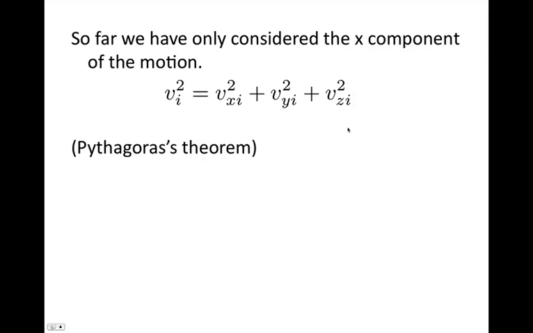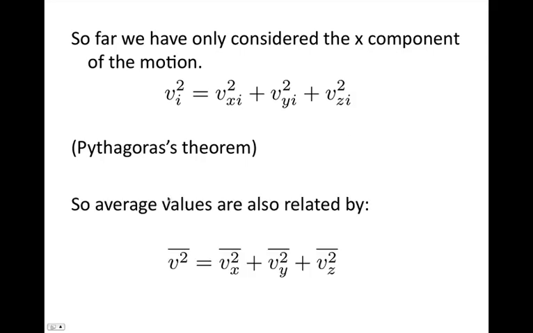That's just Pythagoras' theorem. The average values are related by the same formula. If we take the average of each of these values, it will be the same. So the average velocity squared is equal to the average velocity in the x direction squared plus the average velocity in the y direction squared plus the average velocity in the z direction squared.